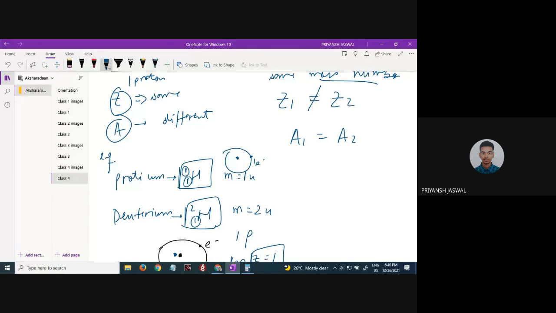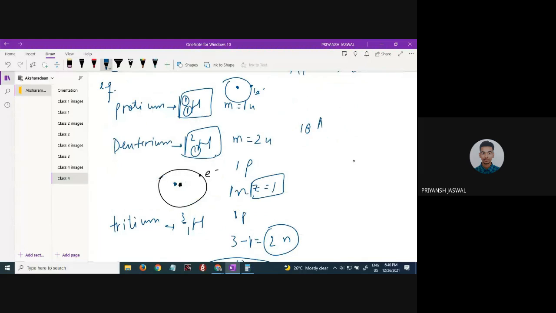For an example, take argon and calcium. They both are atoms of different elements. One is argon and one is calcium. This one has number of protons, that is atomic number, as 18. This one has atomic number as 20, but both have mass number as 40.